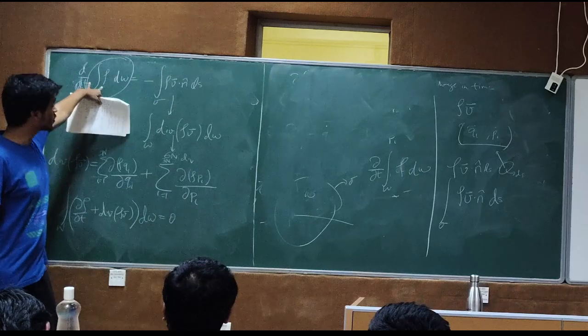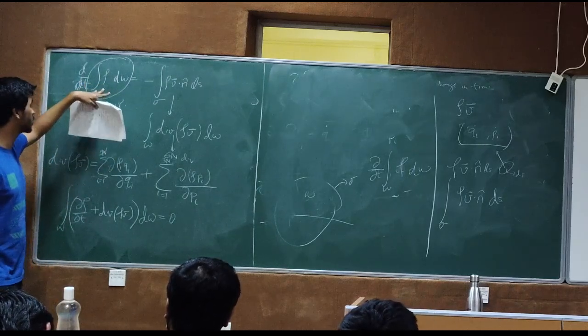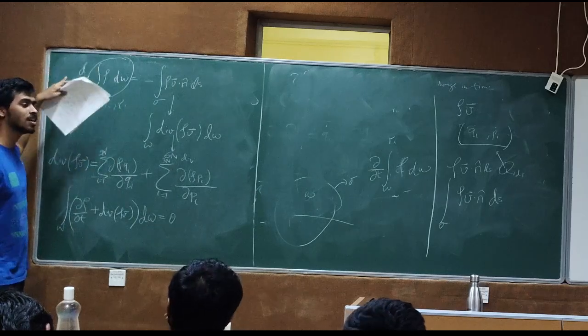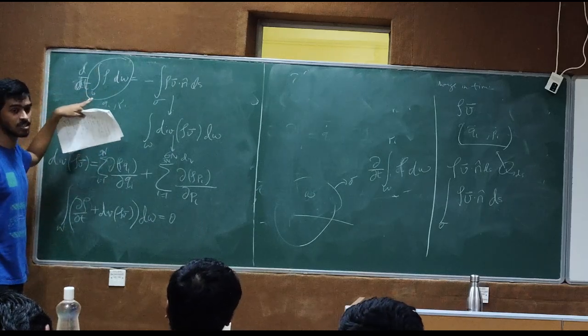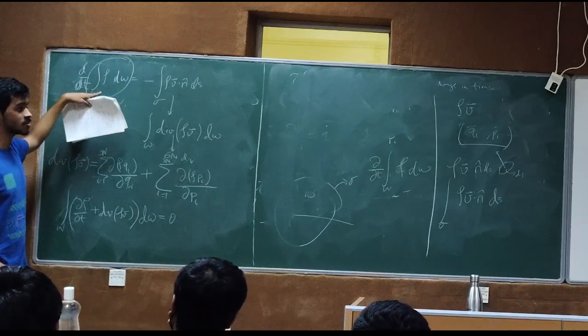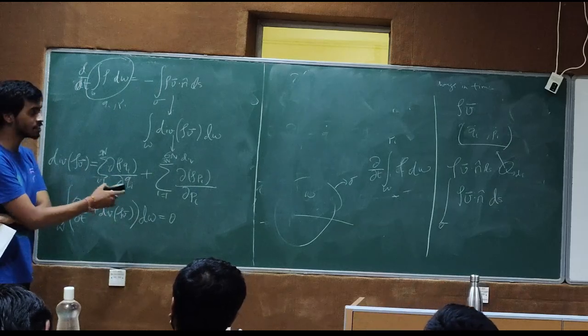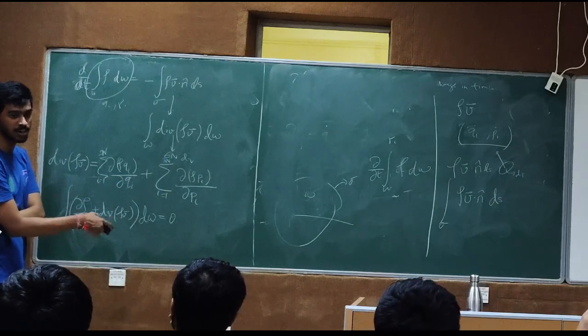Inside, the change in omega is just the change in the number of representative points. The change in density inside is just due to the explicit time dependence.